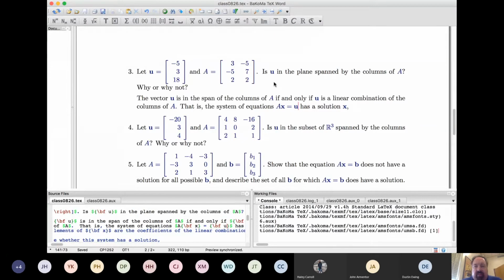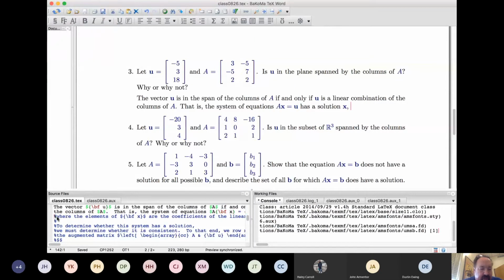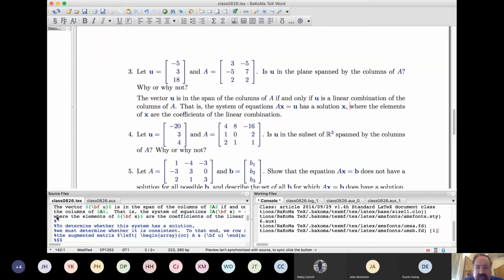So what you're going to see in several of these problems is that whatever is being asked, like is U in the plane spanned by these columns, ultimately boils down to a system of equations that has to be solved. Oftentimes that means performing row operations, getting echelon form to determine if a system can be solved, and then if so, actually solving it.